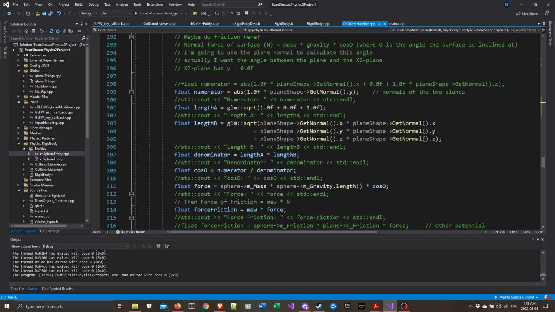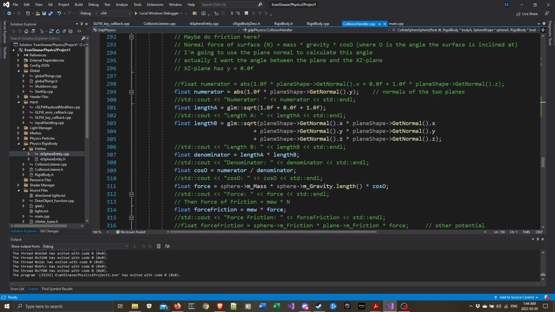So I decided to implement the theta anyways, since some planes could be at an angle or they could be vertical, so there actually won't be any friction technically in that case.